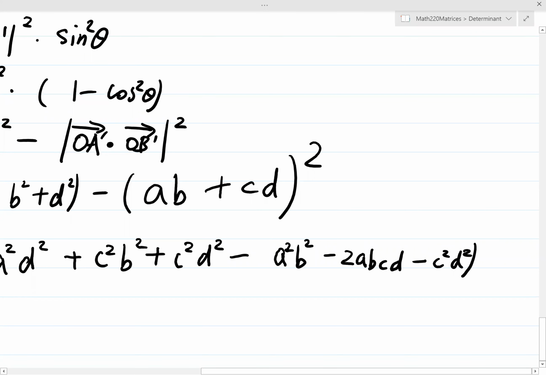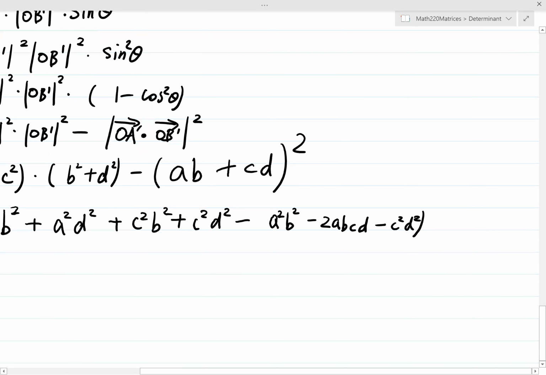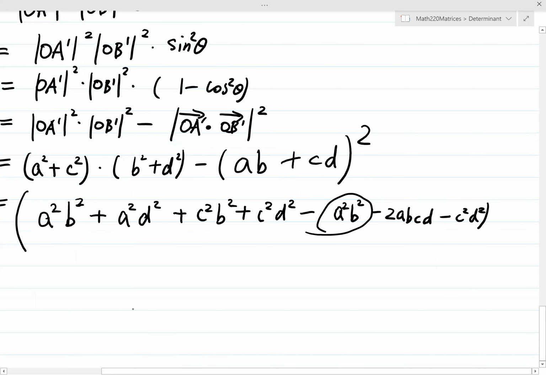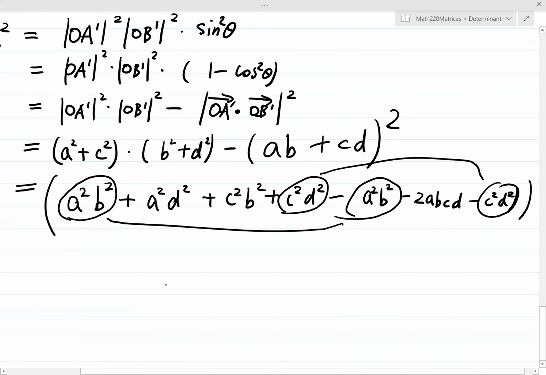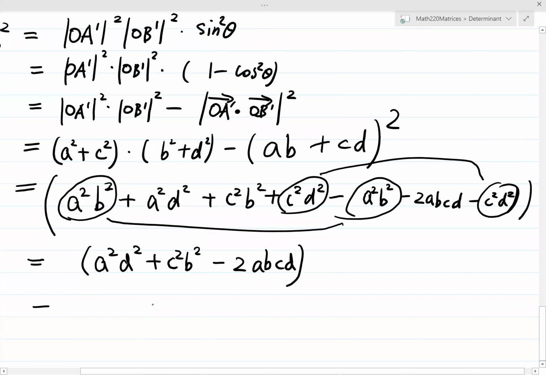If you cancel terms, A squared B squared cancel each other, and C squared D squared cancel each other. What finally remains is A squared D squared plus C squared B squared minus 2ABCD. This is exactly AD minus BC squared. If you take a square root, the area will be AD minus BC.